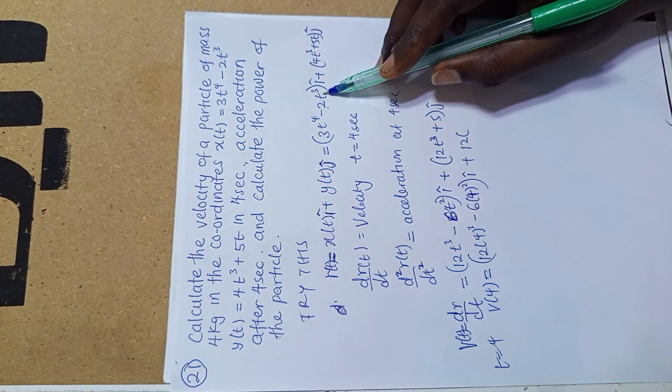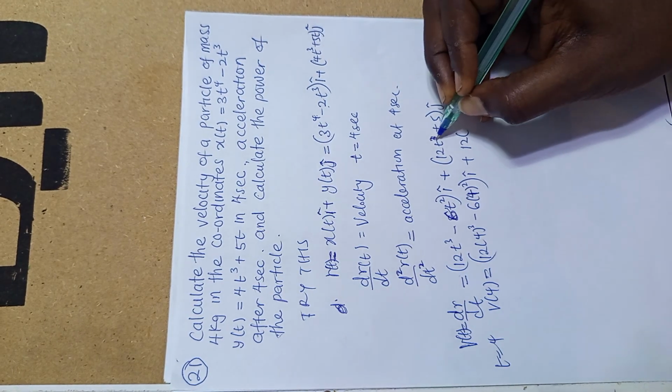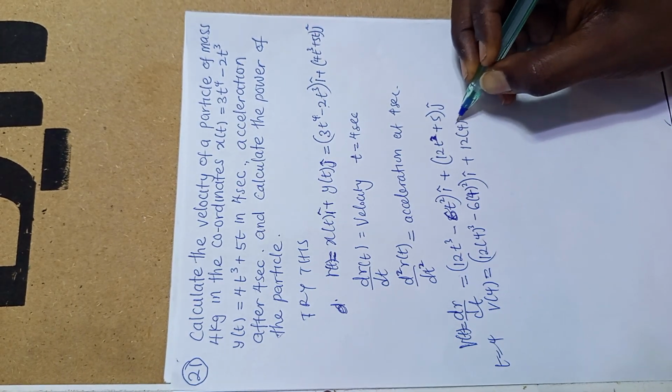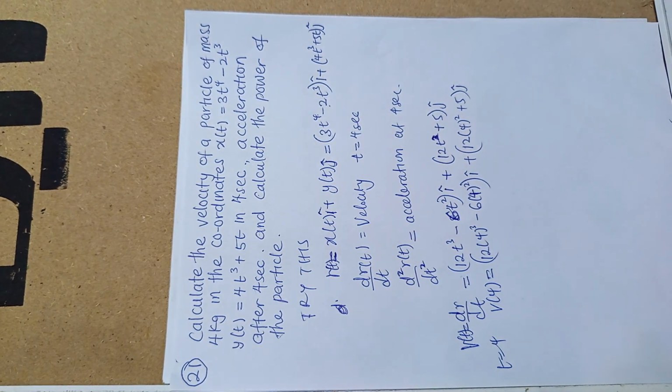Differentiate this one, 6, remove 1. This one is correct. So what I want to have now is 4 times 4 times 4, this is 64, times 12.